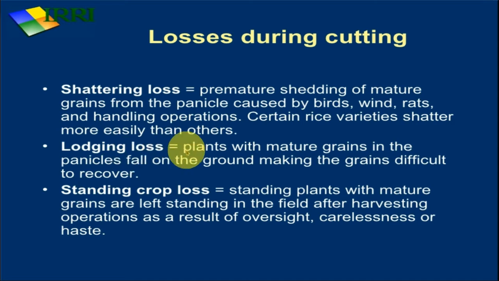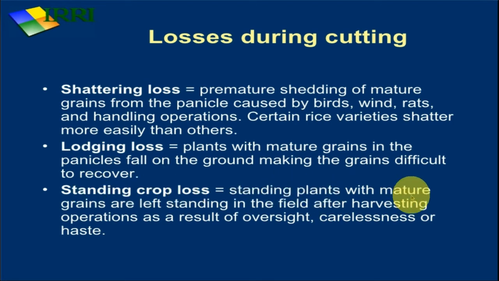Next is lodging crop. Plants with mature grains in the panicles fall on the ground, making the grains difficult to recover, because we cannot pick individual grains from the ground and then accumulate them in an area. This will require very major labor cost and more effort. And then next is standing crop loss.